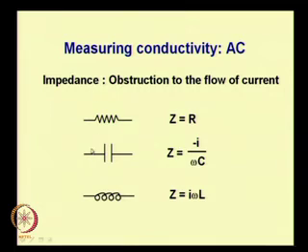So to summarize, what we have seen here is that resistor impedance is R, capacitor impedance is minus i by omega C, inductor impedance is i omega L. The resistance has no dependence on frequency and is a real quantity, and both of the others depend on frequency and are imaginary quantities.